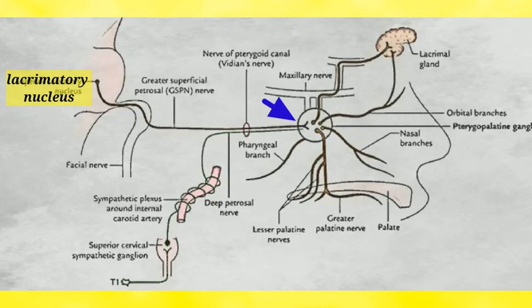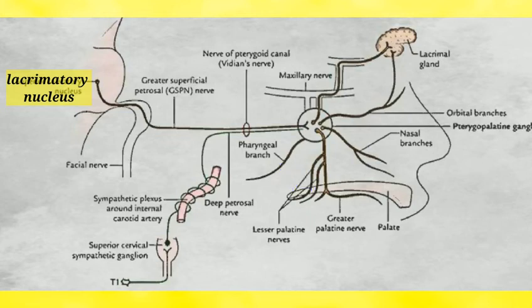The ganglion then gives out the postganglionic secretomotor fibers which pass through two routes. The first route is through the zygomatic nerve, zygomaticotemporal nerve and the lacrimal nerve to supply the lacrimal gland. In the second route, the fibers pass through the greater palatine nerve to supply the nasal, palatine and the pharyngeal glands for their secretomotor supply.